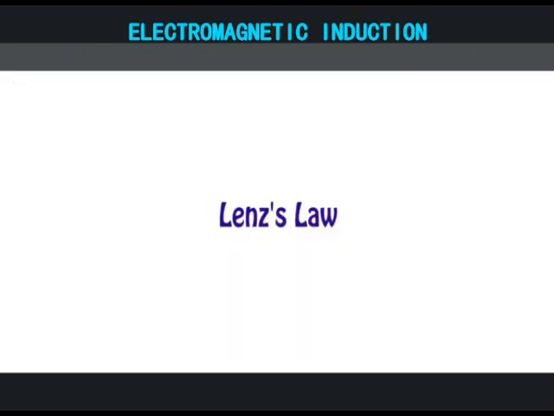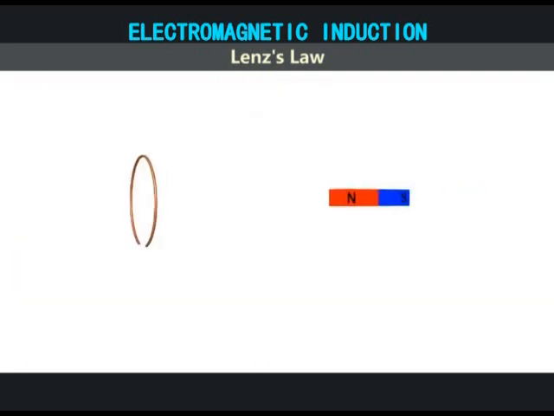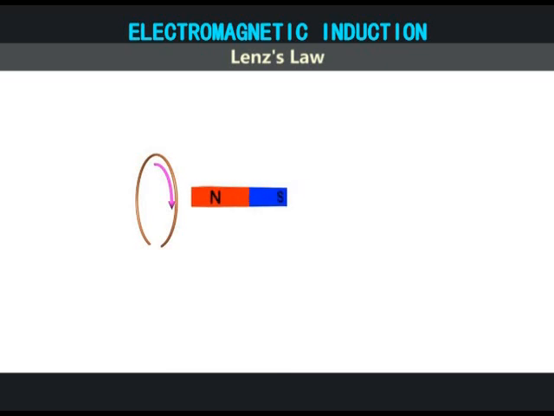We need to discuss another law called Lenz's law, and to understand it, 2 quick things to remember. You and I know that a current-carrying conductor has a magnetic field around it. And here again we are saying that if we bring a magnetic field near a conductor, we induce current in the conductor.